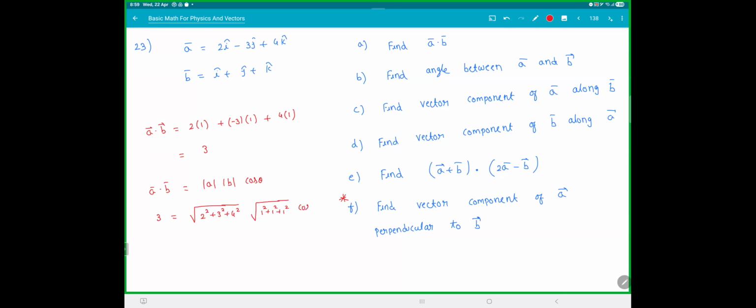That's cos theta. So cos theta turns out to be 3 by root 29 into root 3, that will be root over 3 by 29. Easy. That's it. Like I said, there's nothing to think there. You know the formula, put it there and you'll get the answers. Go ahead with C and D.